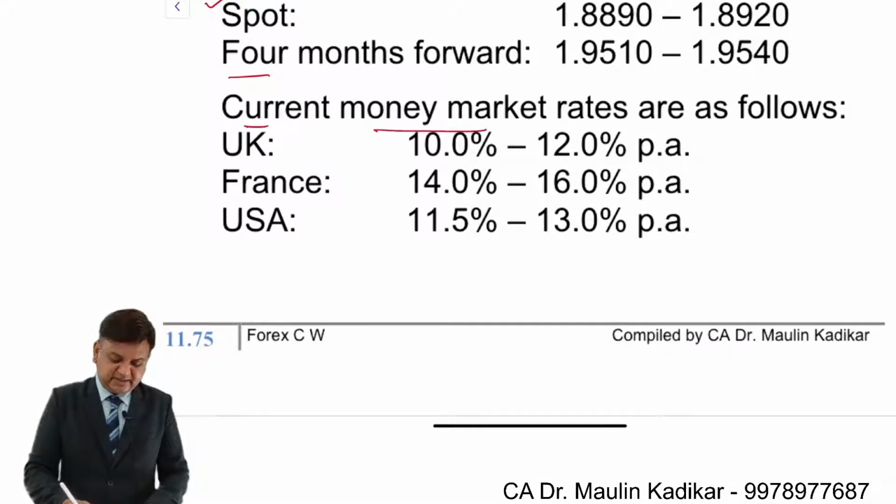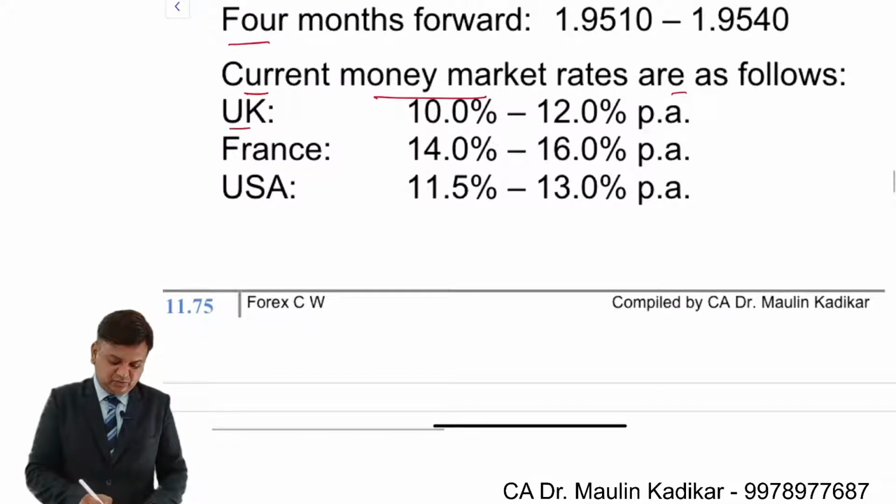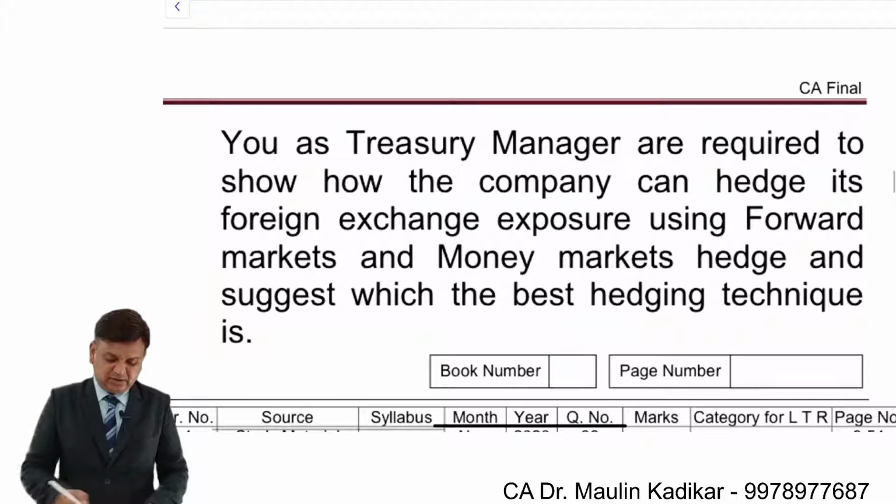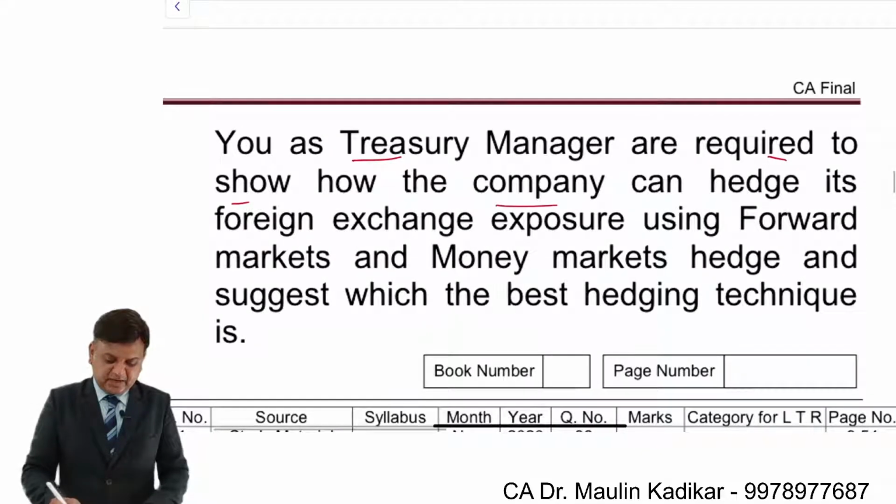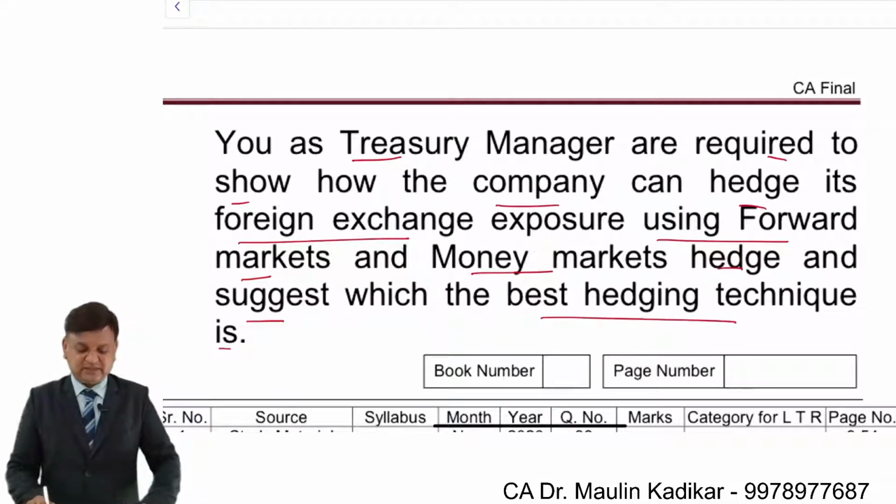Current money market rates are as follows for UK, France and USA. You, as a treasury manager, are required to show how the company can hedge its foreign exchange risk exposure using forward market and money market hedge, and suggest which is the best hedging technique. That is the question.